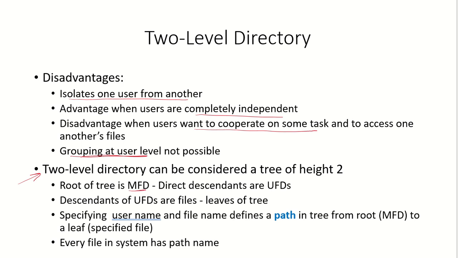So the root of the tree is the master file directory and its direct descendants are the user file directories. And the descendants of UFDs are the files, and these can be considered as leaves of the tree. So by specifying the username and the file name, it defines a path from the root to a leaf.